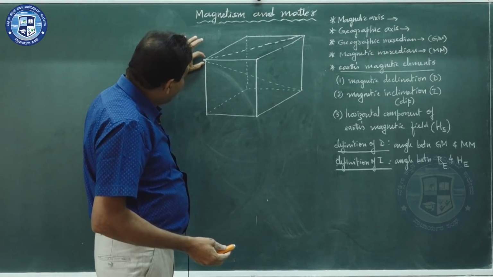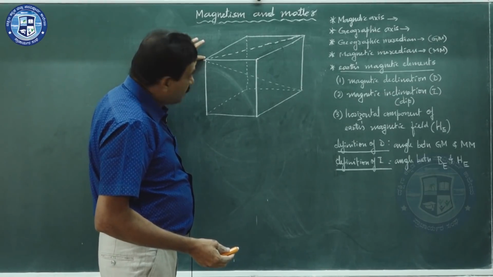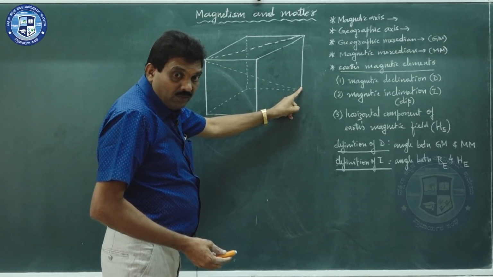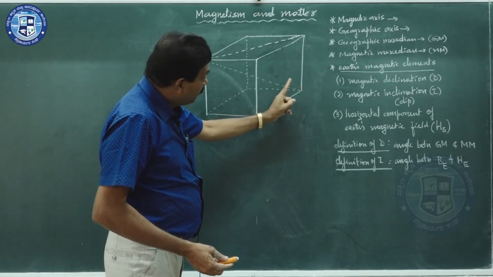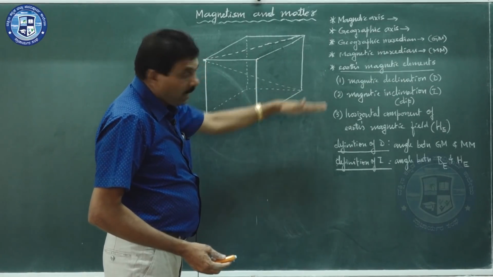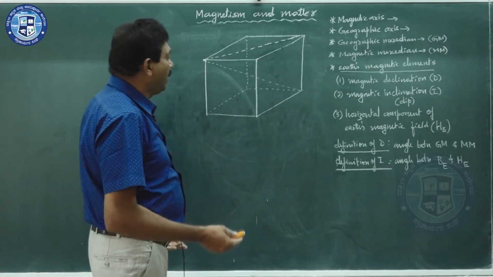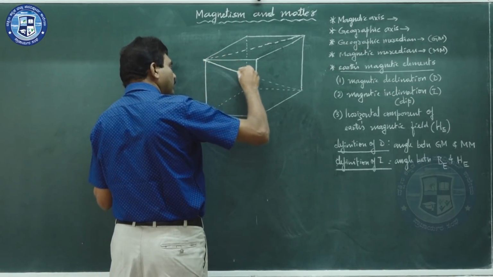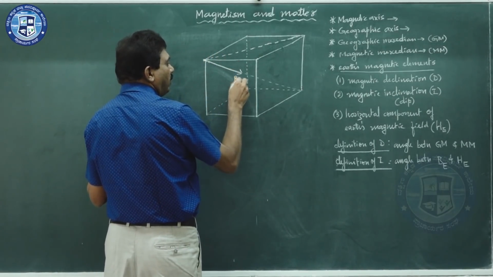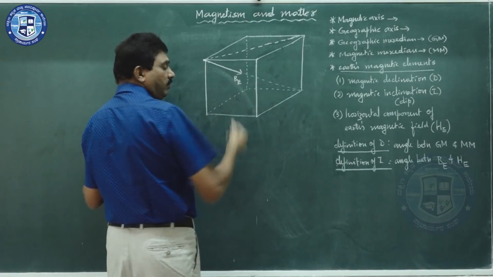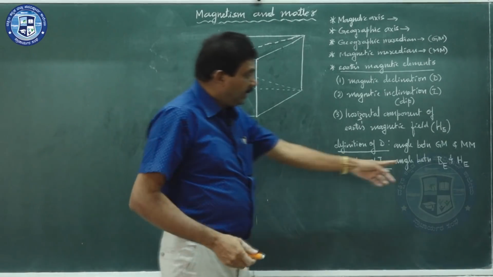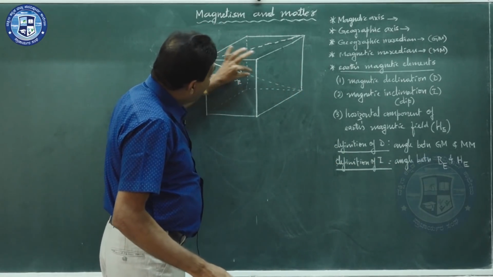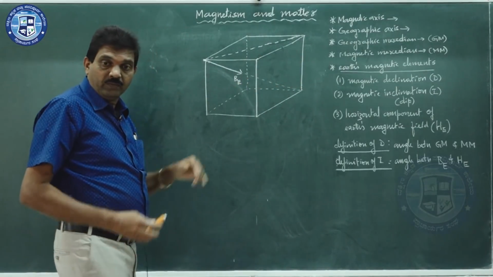Diagonal of the cube means one corner of the front face and the lower back corner of the back face, opposite, it is the diagonal of a cube. Now, the total magnetic field of the earth, which I have denoted as BE, will be along the diagonal of the cube.